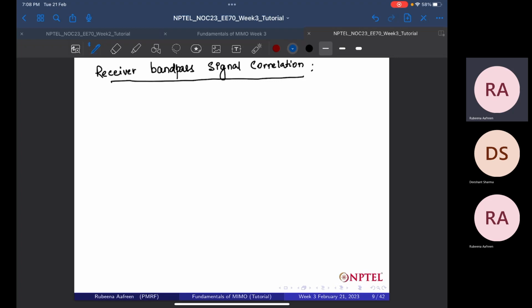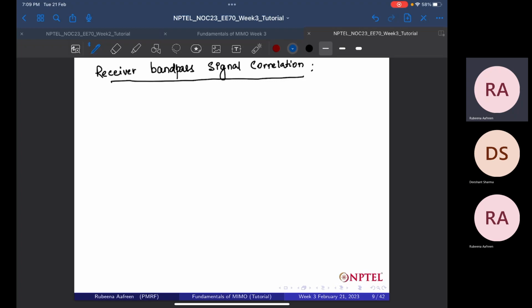What happens is that at the receiver, the signal is corrupted by the channel coefficients as well as noise. The noise factor here we don't consider. We are just considering the fading channels.